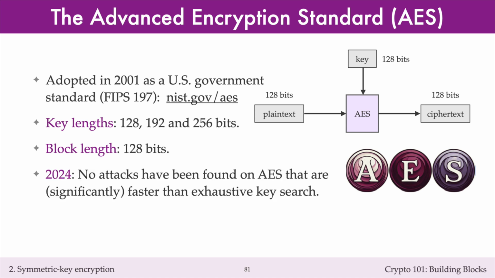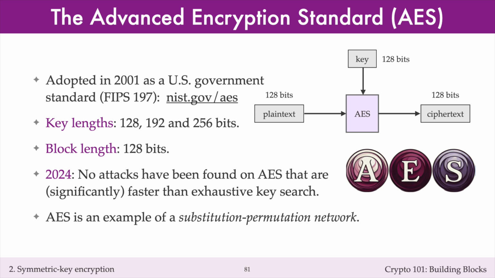As of 2024, no attacks have been found that are significantly faster than exhaustive key search. In this lecture, I'll describe AES for the case where the key length is 128 bits. Thus, plaintext blocks, ciphertext blocks, and keys all have bit length 128.